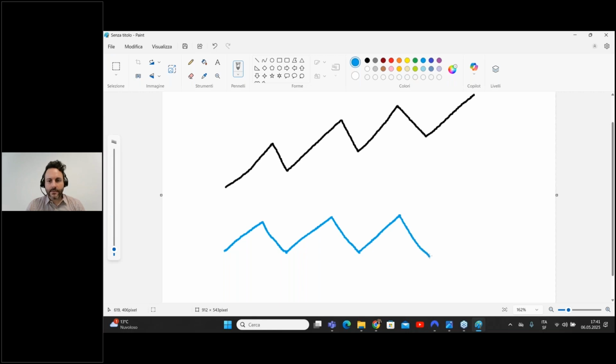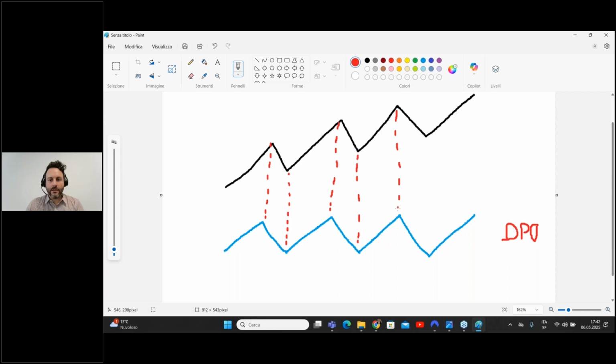So this is the normal chart, let's say the Nvidia chart, and this is the chart with the DPO applied. What we did is just taking away the trend from the chart. I'm not an artist, so I'm not very precise, but as you can see, the chart is the same with the same highs and lows.